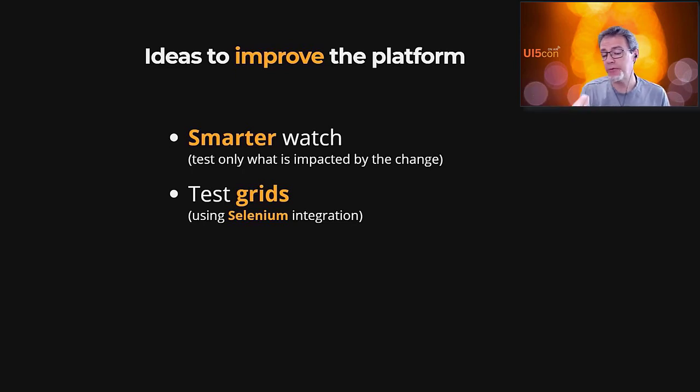Now that we have coverage information split per test page, based on the file that changed, I could deduce which test pages are impacted by the change. So it doesn't mean that we have to re-execute the whole test suite. You can focus only on the ones that you know will be impacted by the file that you have changed. And that's something I would like to experiment with, to see how much time it will save in this watch mode.